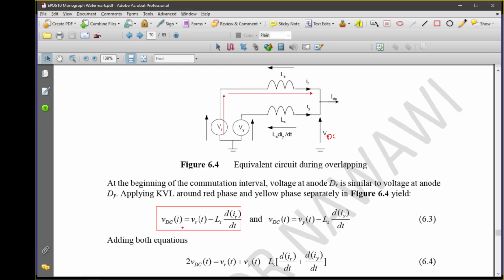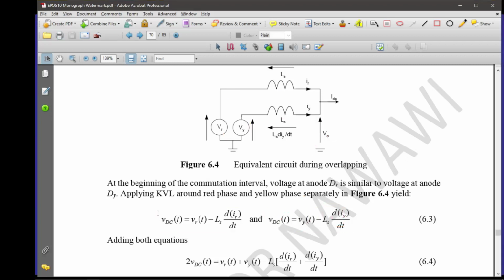And for the other path, it's minus Vy plus Iy Ls multiplied by dIy over dt plus VDC. So you have two equations here, right?